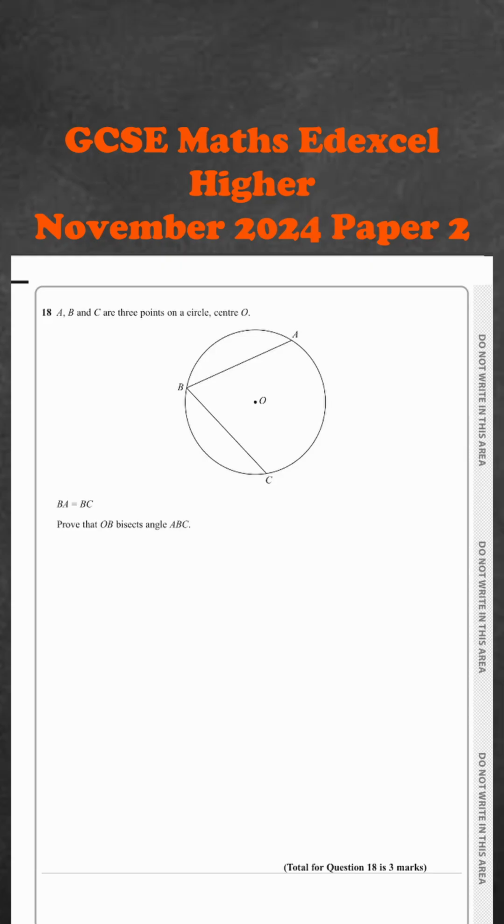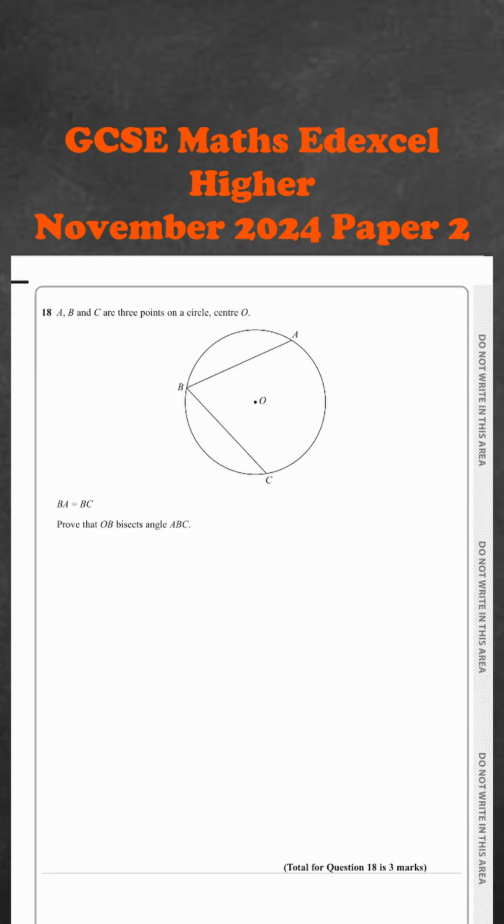Question 18. A, B, and C are 3 points on a circle centre O. BA equals BC. Prove that OB bisects angle ABC. So it wants us to show that it goes right through the middle of angle ABC. So we know that BA equals BC.